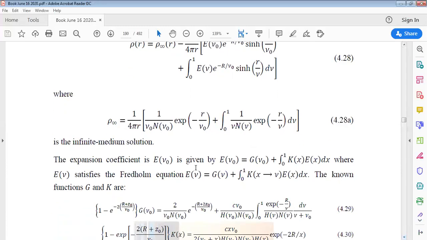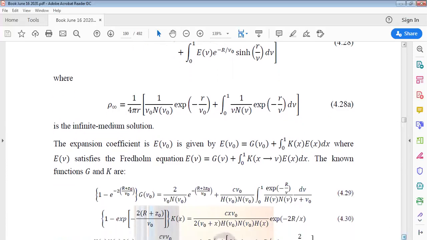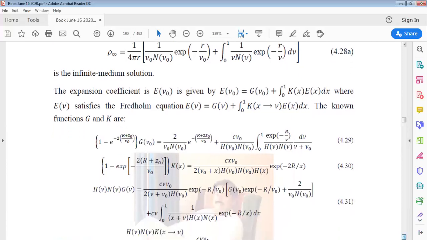The expansion coefficient in here, E of nu naught, is given by the function g plus k times E. So quite a rigorous bit of mathematics in here, where E of nu satisfies the Fredholm equation. Now you can see that the Fredholm and Volterra equations are integral equations which are used over here. So again, very elaborate mathematics.